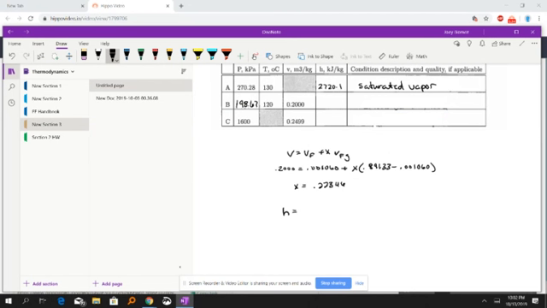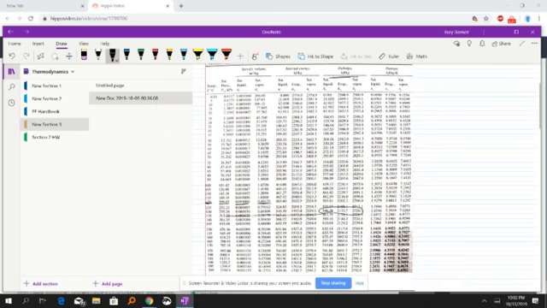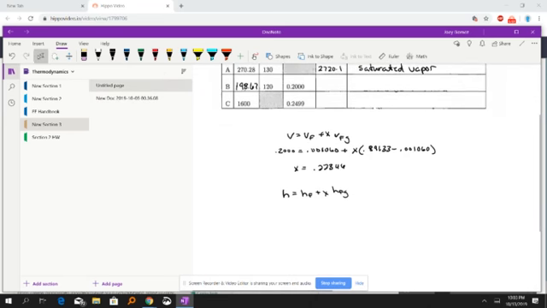Now we can use this to find our enthalpy using a similar equation: h equals hf plus x hfg. So we go back to the table at 120, and under the enthalpy column we're given hf and also hfg, so we won't have to subtract hg. Plugging in, our hf was 503.81 plus x, 0.22346, times hfg, which is 2202.1.